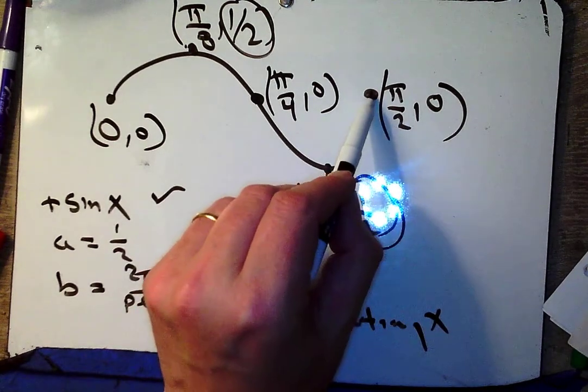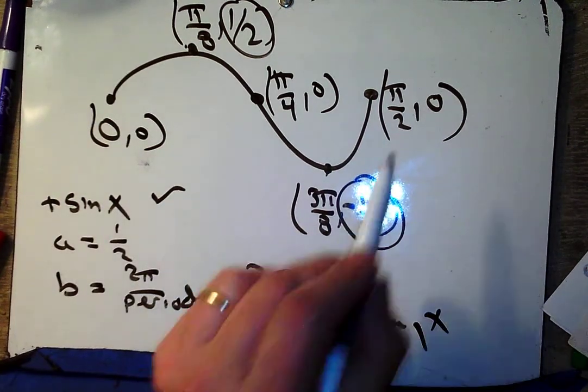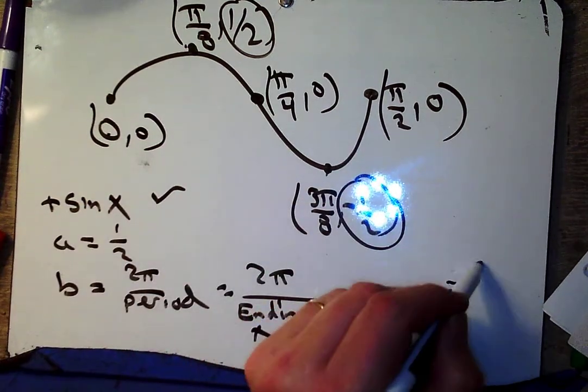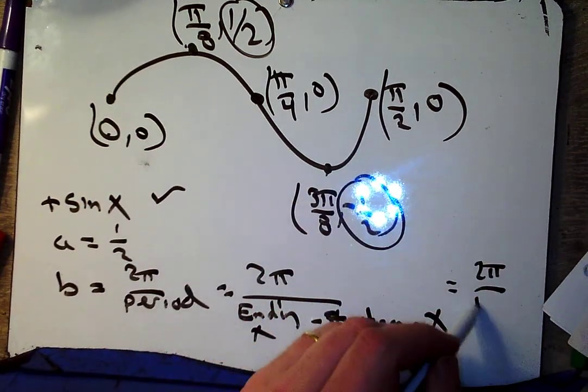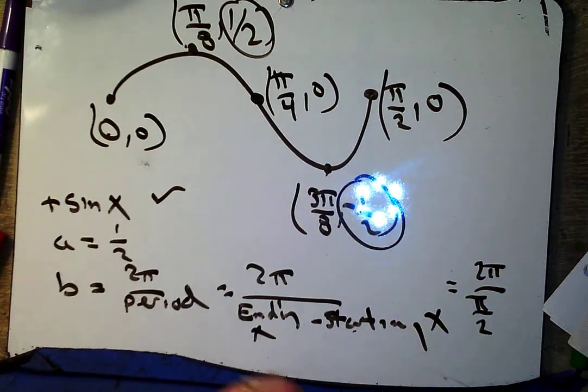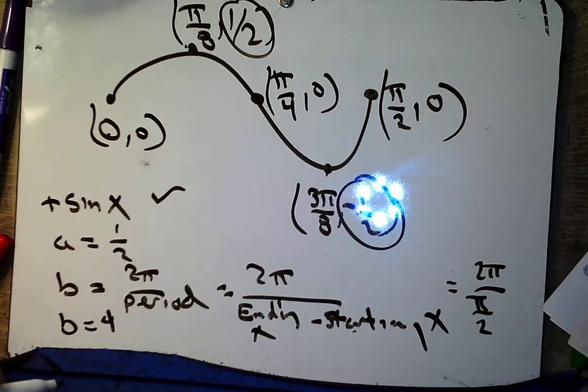Ending x is where one period ends. Starting x is where one period begins. Well, for us, we're starting at 0. We're ending at pi over 2. That means our period is pi over 2 minus 0, or pi over 2. If I flip and multiply, I'm going to get that b equals 4.